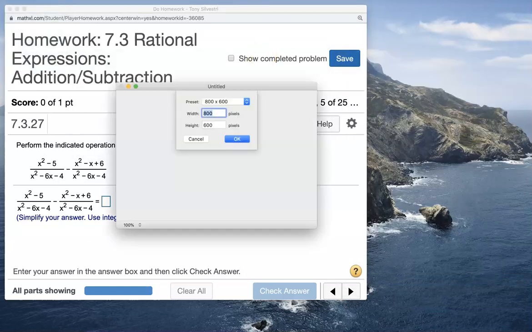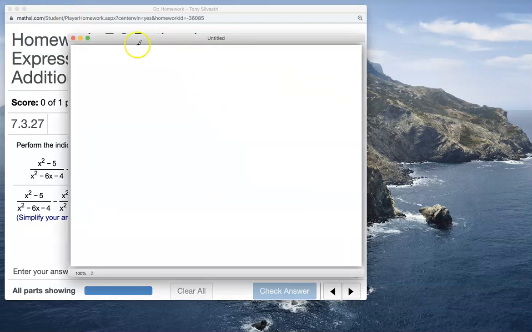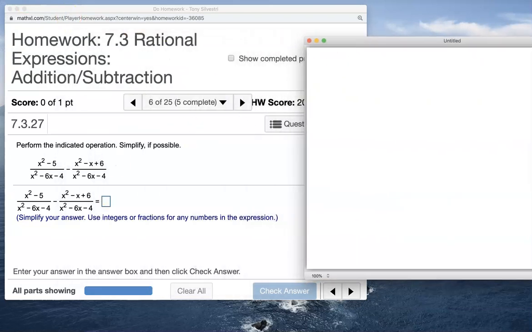File, new. Okay, now, when you do this problem here, you might be tempted to try to factor this. Don't do extra work when you don't need to. I'm very happy that the denominators are exactly the same, and that's a good thing. So what I'm going to do is say x squared minus 5.